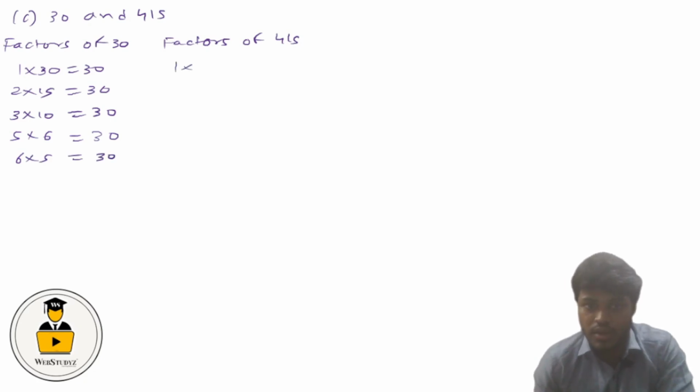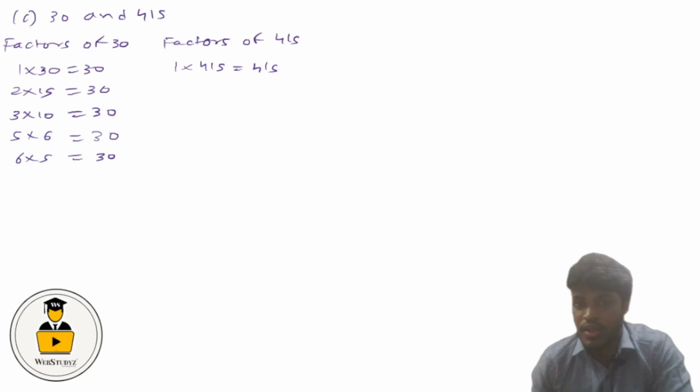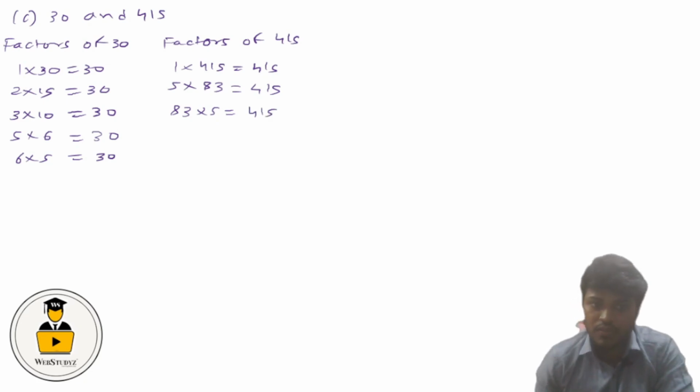Similarly, 1 into 415 will give us 415. Then it is not divisible by 2 and 3, so the next number is 5. It will be 83, 83 into 5 will give us 415, and 5 into 83 will also give us 415.